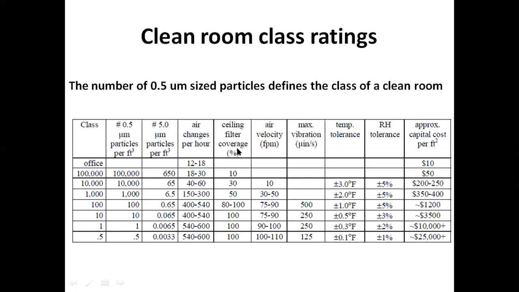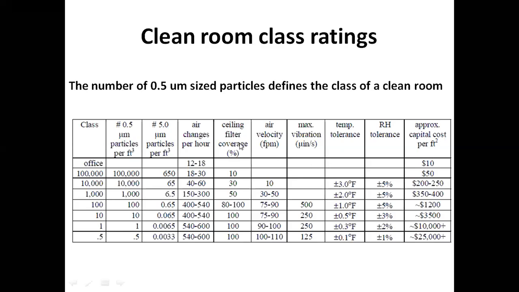Ceiling filter coverage, as I told you before, that normally we remove the dust particles, dirt particles from the air with the filter, and those filters are actually installed inside the ceiling of the clean room. And the more the area of the ceiling covered, the more clean would be the air inside the clean room.